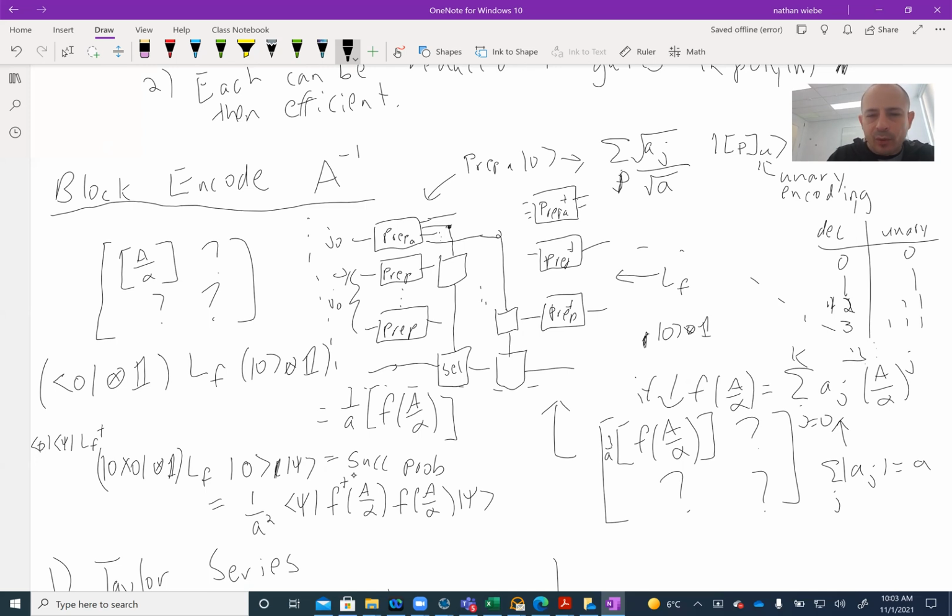So the total number of queries would be J0 preps here, J0 preps here, J0 selects here, and 2 prep As. So the total number of oracle queries that we would need for one of these operations would be 3 J0 plus 2, which is in order J0.